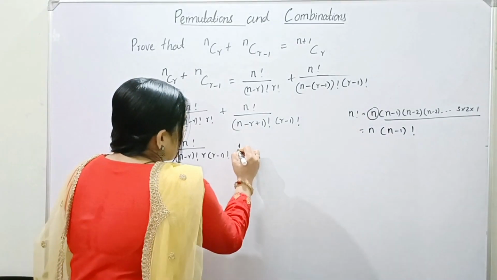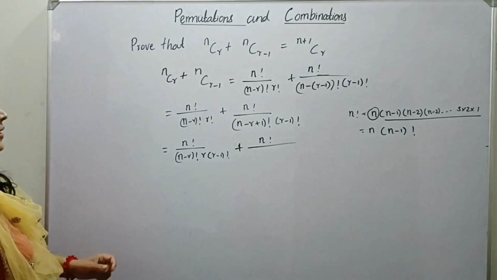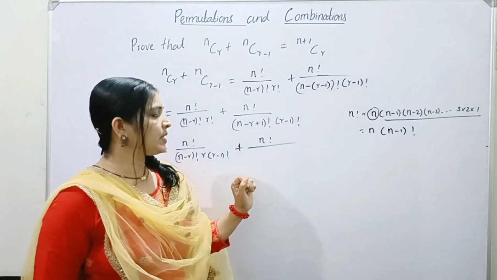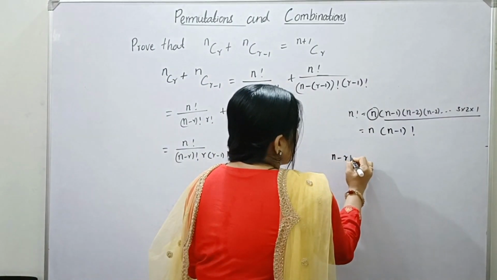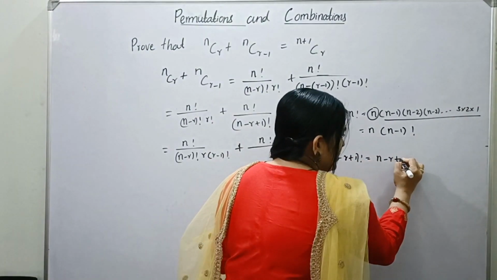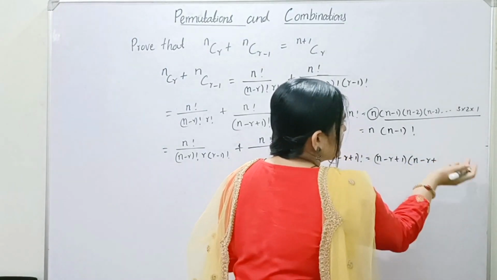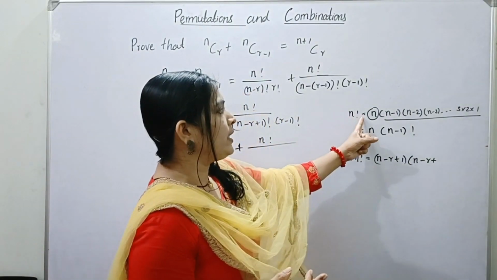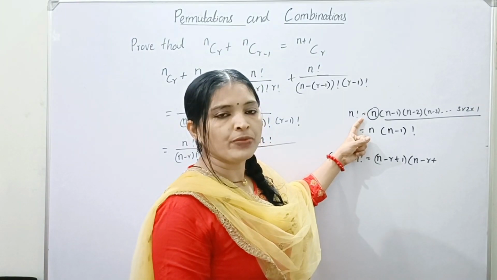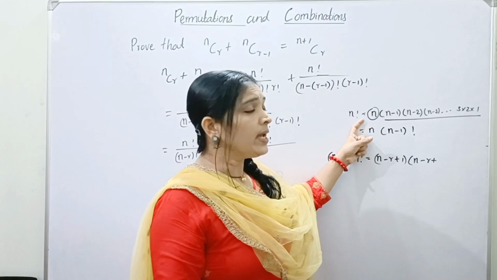Plus, see, n factorial divided by, now here (n minus r plus 1) factorial. So what is the previous term? See, (n minus r plus 1) factorial is (n minus r plus 1) into, see how we write factorial: n into (n minus 1), next n minus 1 minus 1, that is n minus 2, next n minus 2 minus 1, that is n minus 3, in that way.